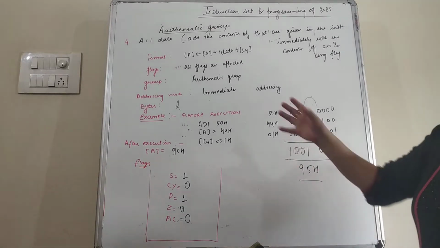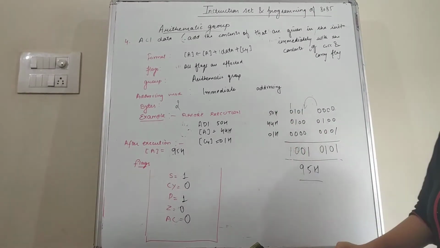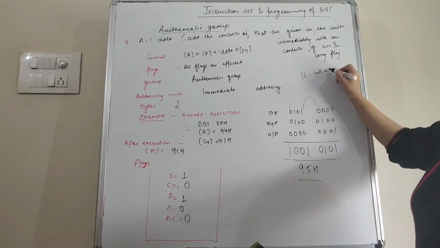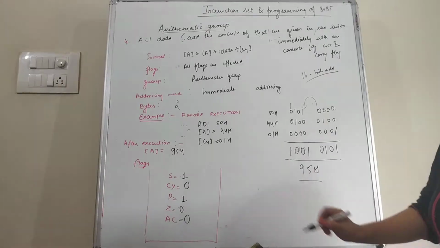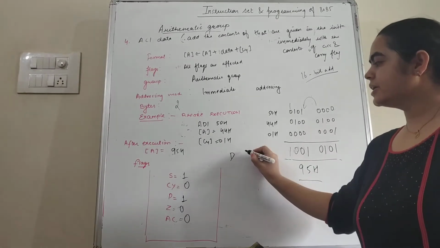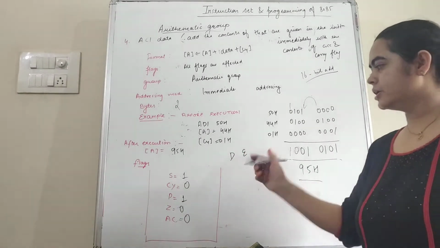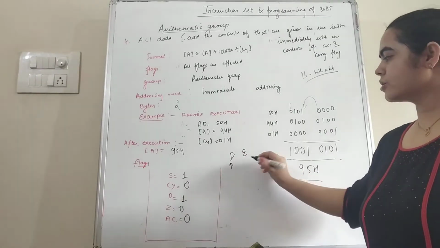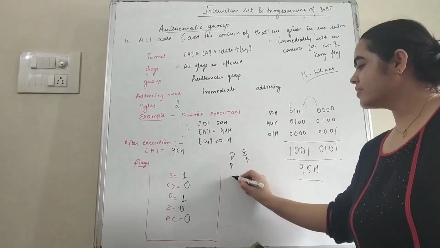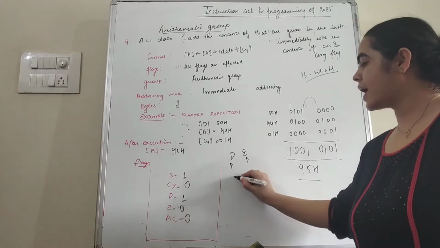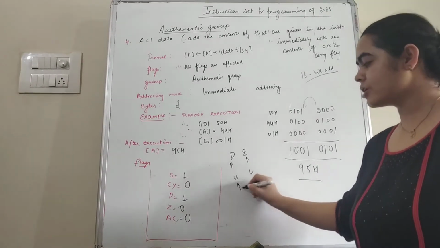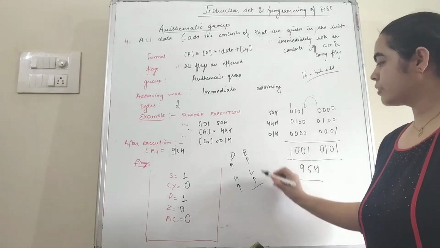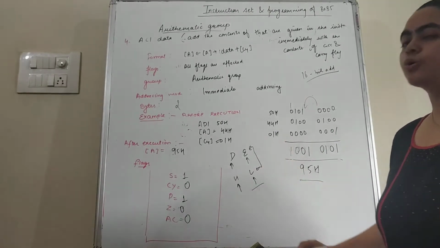Now students, these types of instructions we can use when we have a 16-bit addition. In 16-bit addition, suppose one content is in D and E: the higher order byte is in D and the lower order byte is in E, and similarly we have a second pair, the HL pair, with the higher order byte in H and the lower order byte in L. Initially we add the lower order bytes.